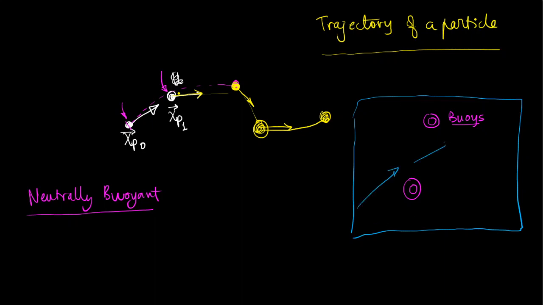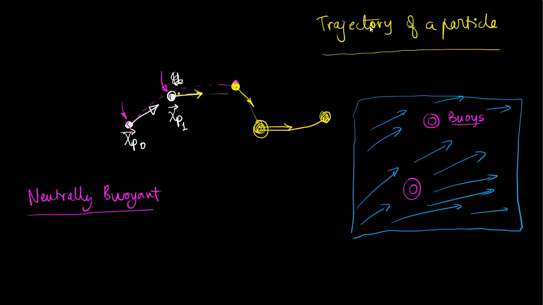Okay. So these are the ocean currents at the surface. And because of this, the buoys will be transported along the direction of the flow, and that is how we can find out the surface velocity at the ocean.